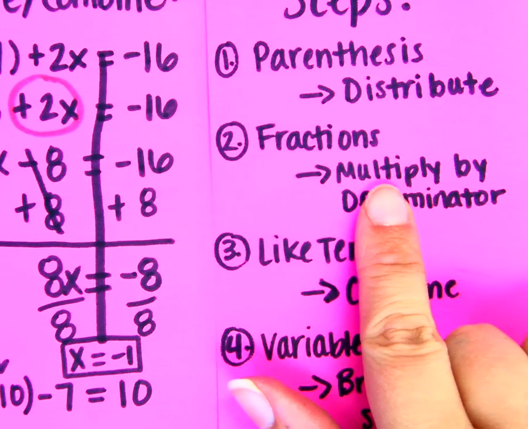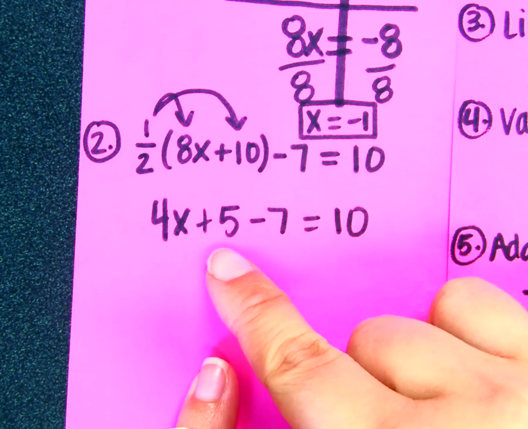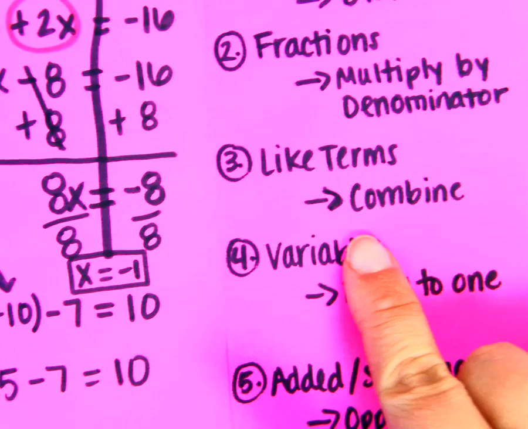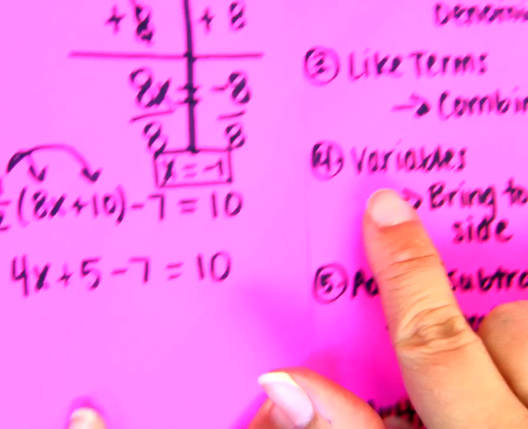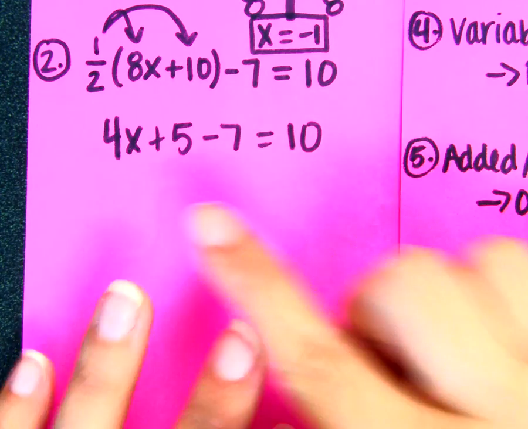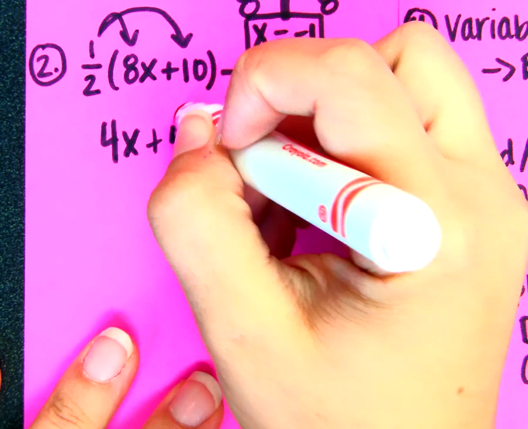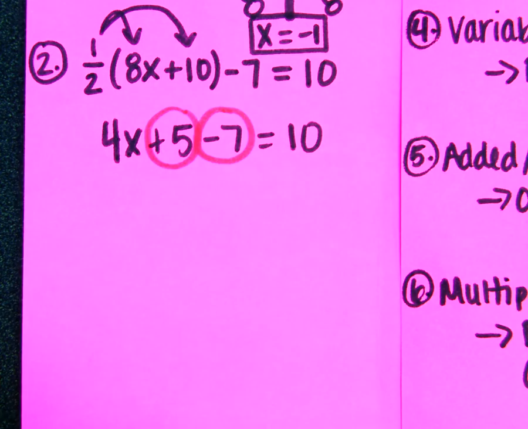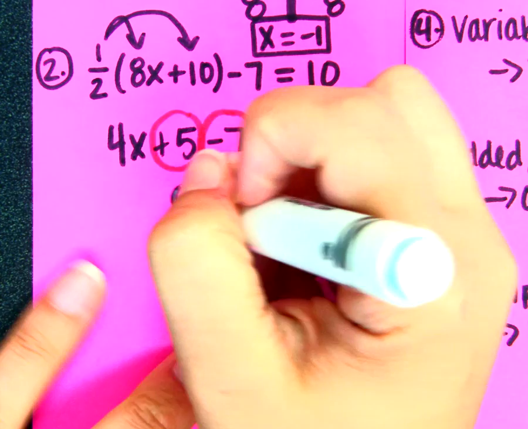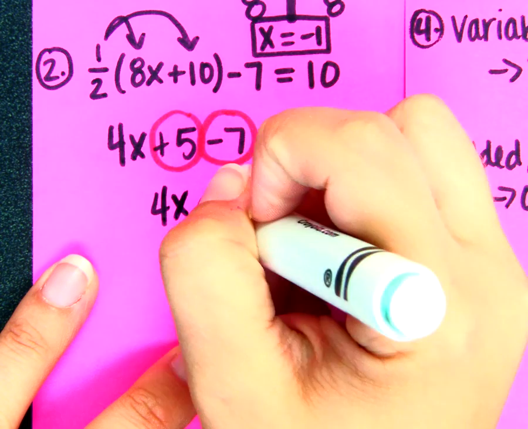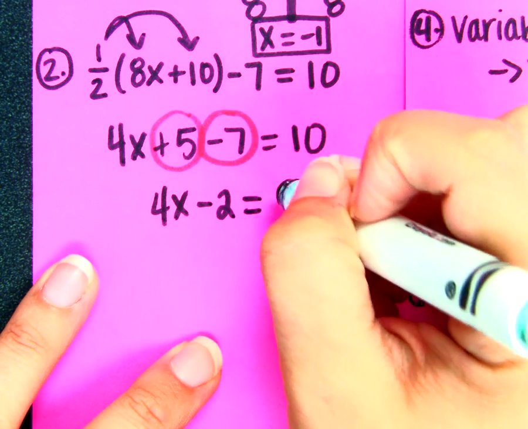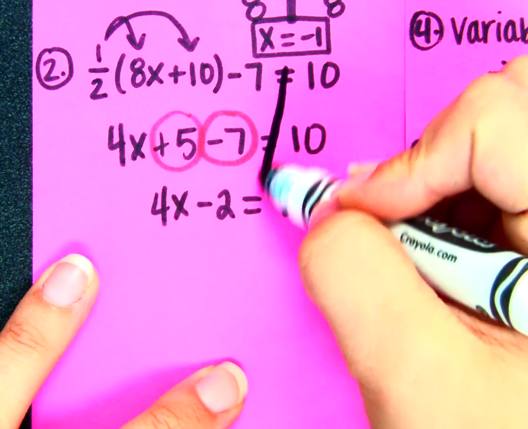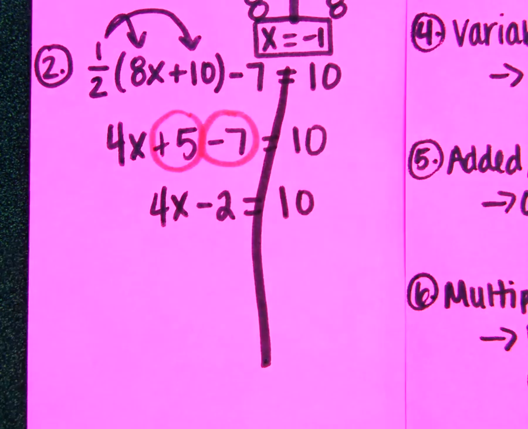Are there any fractions? You look, are there any fractions? No. Like terms. Well, what are our like terms here? 4x, 5 minus 7. You get 4x minus 2 equals 10. Again, should have drawn my line. Sorry.